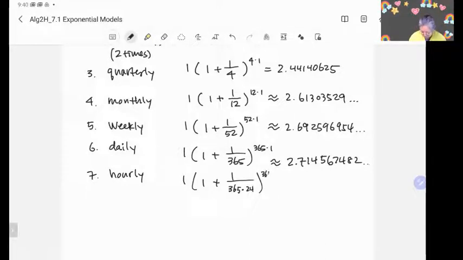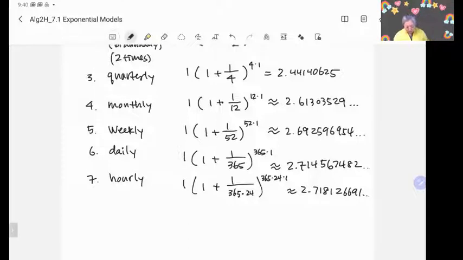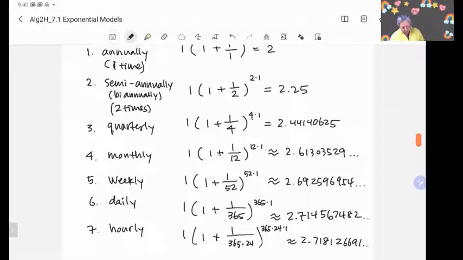So 365 times 24 times 1. And the number goes 2.718126691 and so on.